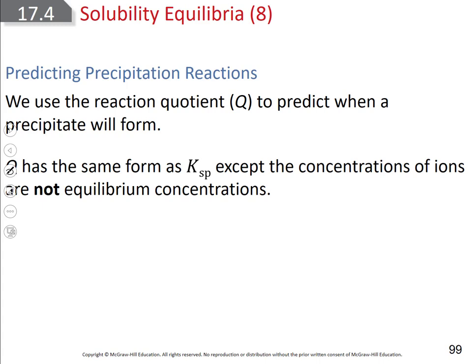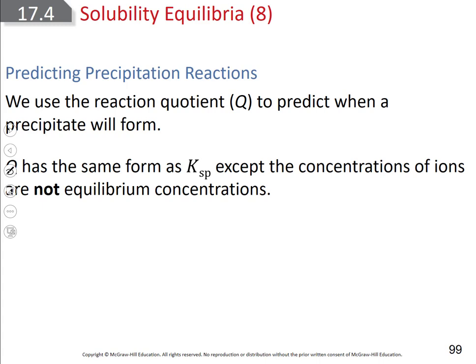It determines if the reaction is going forward or backwards, depending on whether it was bigger or smaller than K. So the big difference is with Q, it doesn't necessarily have to be at equilibrium. The formula is the exact same formula, just with K, we know we are at equilibrium. If we're not necessarily at equilibrium and we calculate concentration of products over concentration of reactants, that would be our Q.